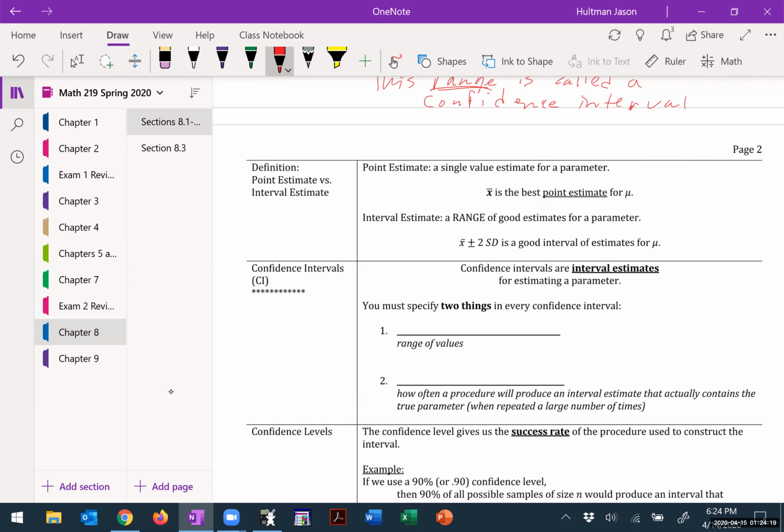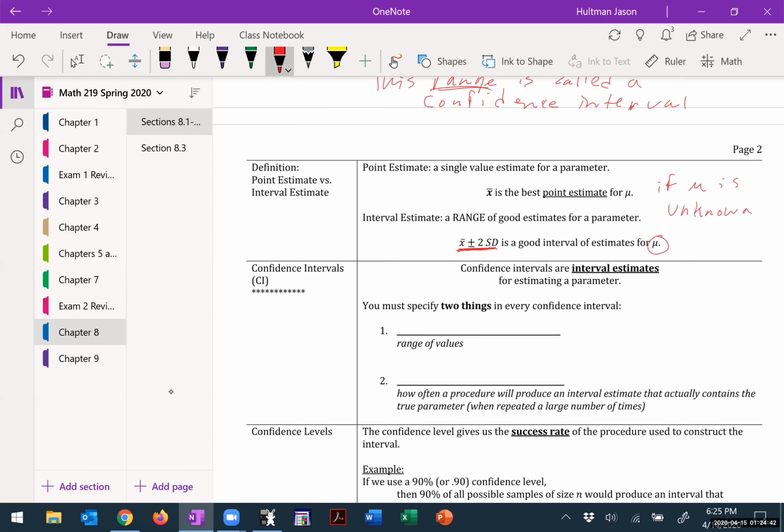Okay. Interval estimate, the range of good estimates for a parameter. X bar plus or minus 2 standard deviations is a good interval for estimates for mu. This is if mu is unknown.